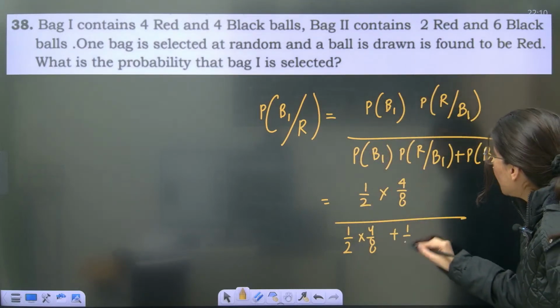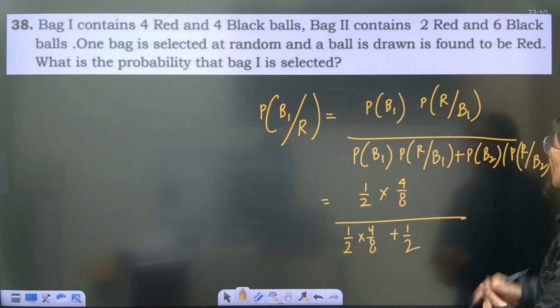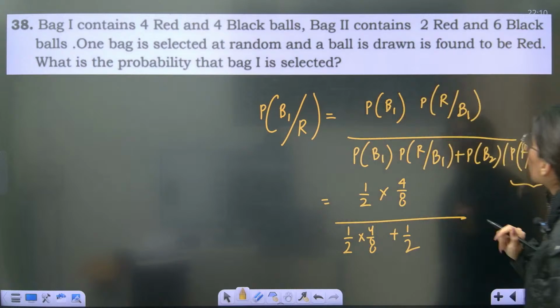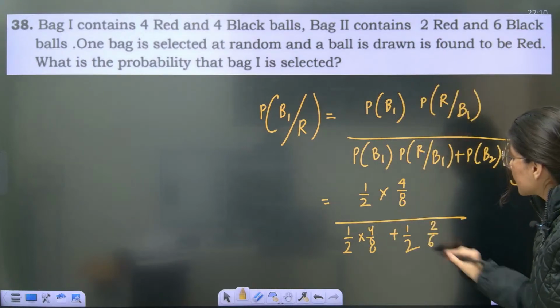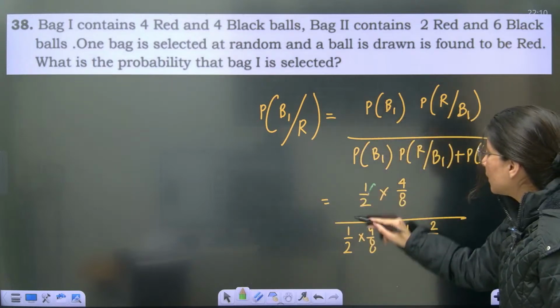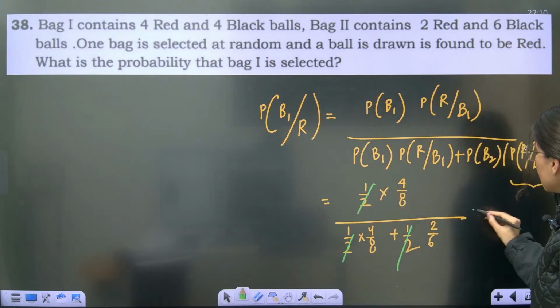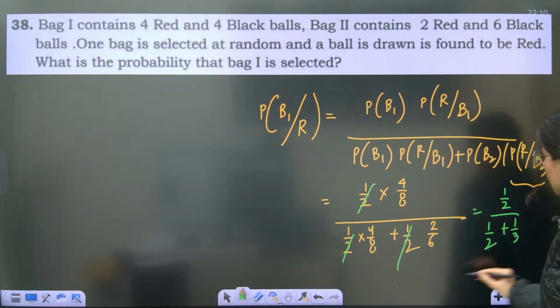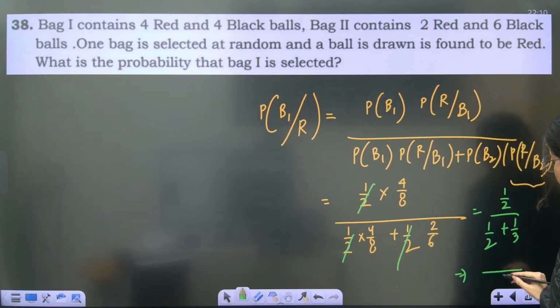Now the probability of bag 2 selection is also half, but the probability of a red ball coming from bag 2, 2 red 6 black, is 2 by 6. This is 1 by 3. Now you can clearly see the half is already cancelled out. Correct? So this is 1 by 2 upon 1 by 2 plus 1 by 3. Solve it out. 3 twos are 6, 5, 1 by 2 and this is going to be 6 by 10. So 3 by 5.